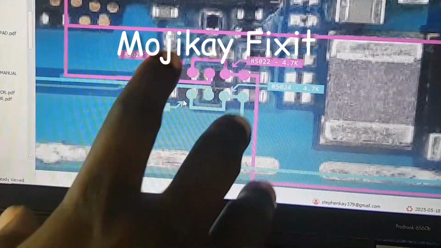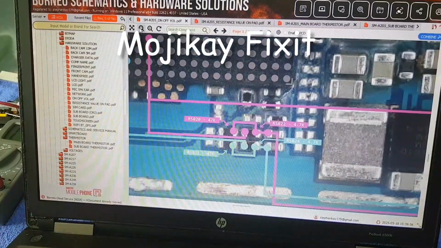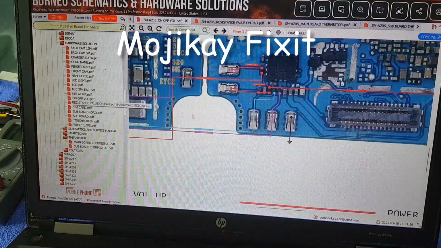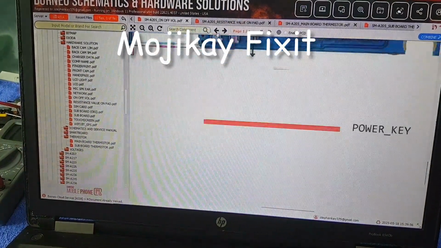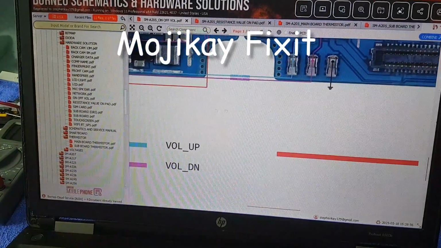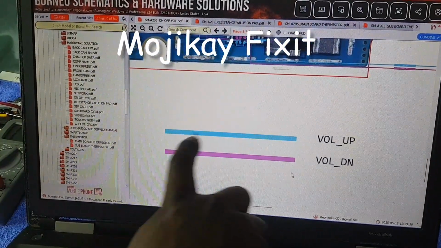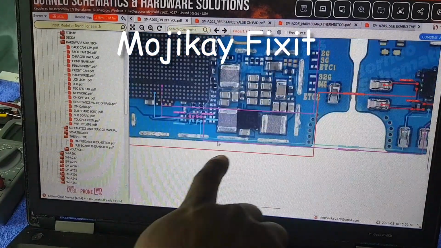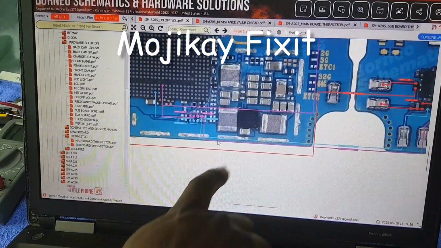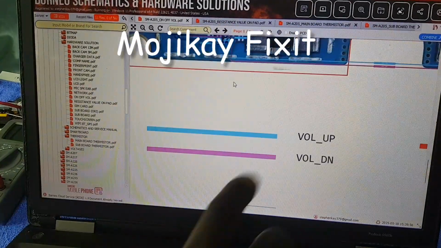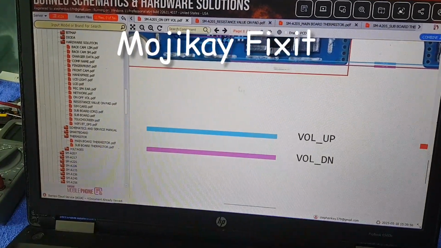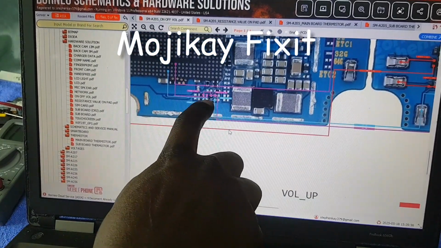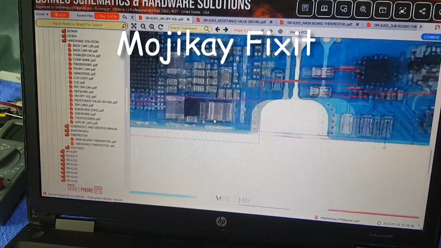So sometimes when the phone is giving you problems and probably the on and off button is not working, you have to check the resistors. Also here, you see the volume. On this schematic diagram, this blue line represents these blue lines that you are seeing here. So you trace it. If the volume up is having a problem on your mobile device, you go straight to this blue line and check the resistors that are working on that line.